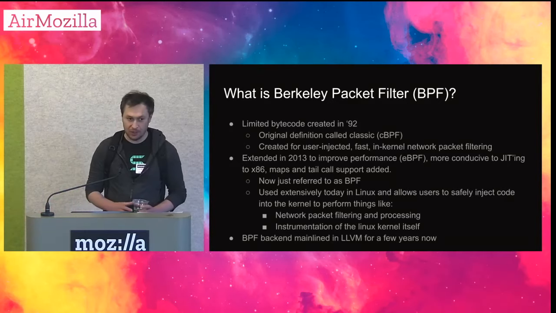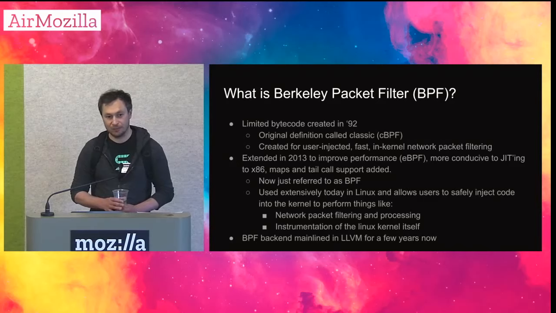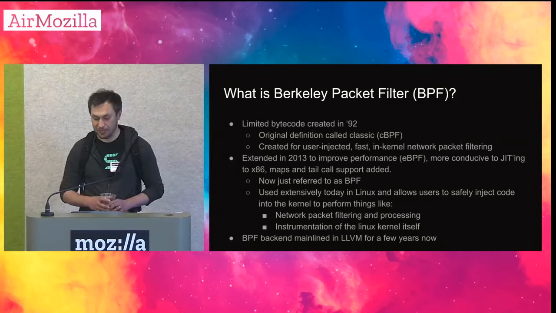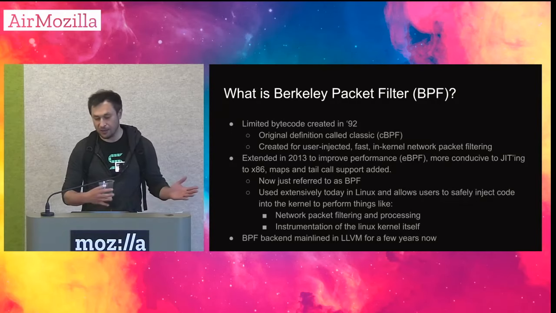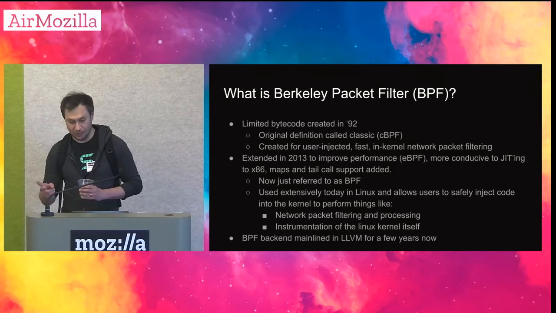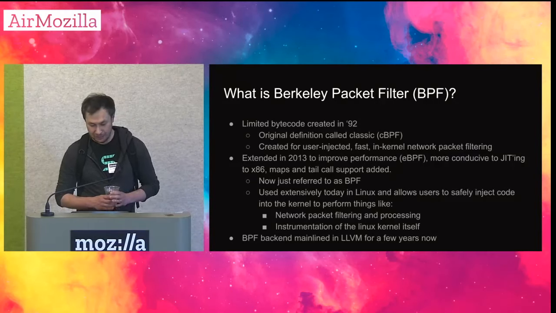It's limited bytecode created in '92. There was some guy working on a PhD for proof-carrying code and some folks thinking that they could build a self-updating OS, and somehow it ended up as a packet filter bytecode with 2 registers. That ended up getting called classic Berkeley packet filter.